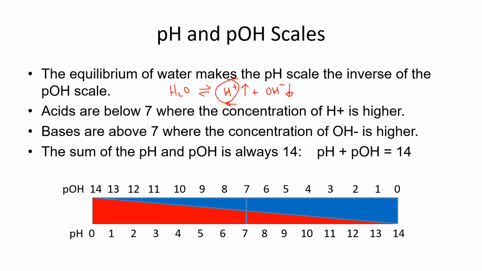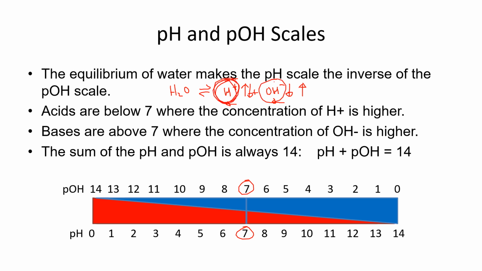And then vice versa, if you, say, put a base into your solution that increases the hydroxide amount, that is going to cause the equilibrium to shift and reduce the hydrogen amount. So there's an inverse relationship between the hydroxide and hydrogen ion concentrations. They're only equal at a pH of 7, where they both match. And it's like both of the scales are inverse of each other. The higher this one is, the lower this one will be, and vice versa.